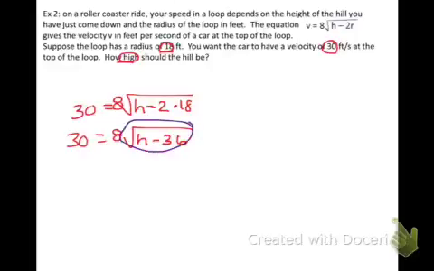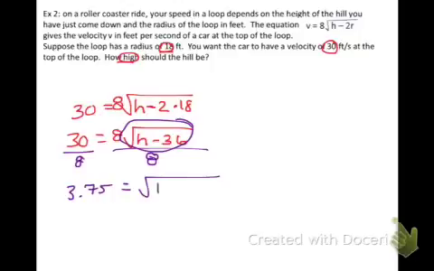If you look, there's an 8 attached. The 8 is multiplying, so you're going to divide both sides. When you divide, it's 3.75 equals square root of h minus 36.